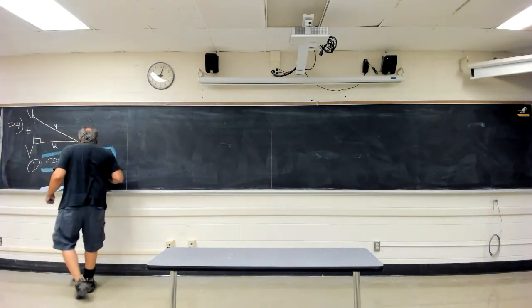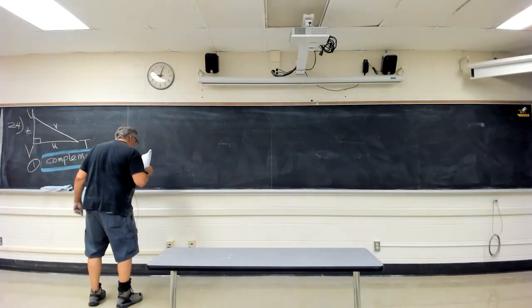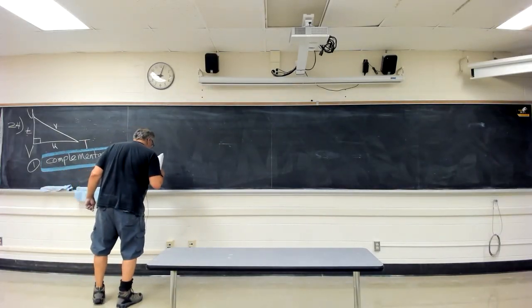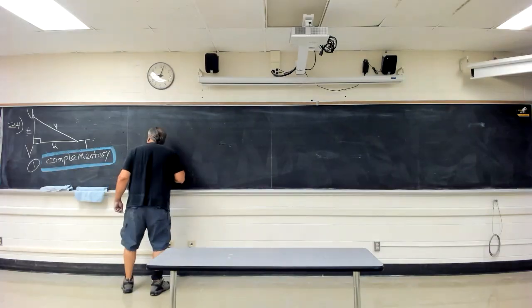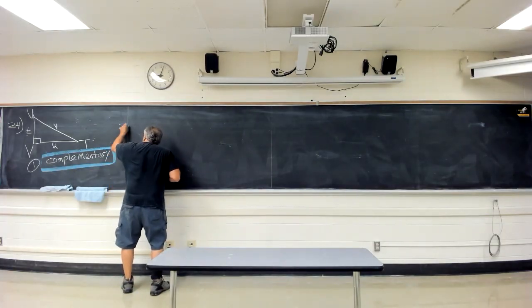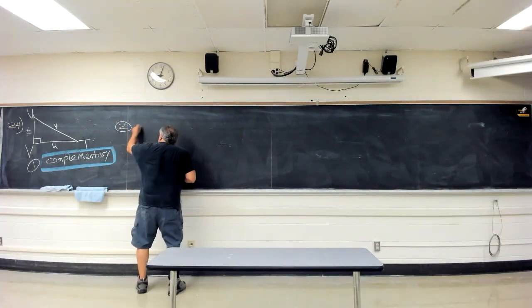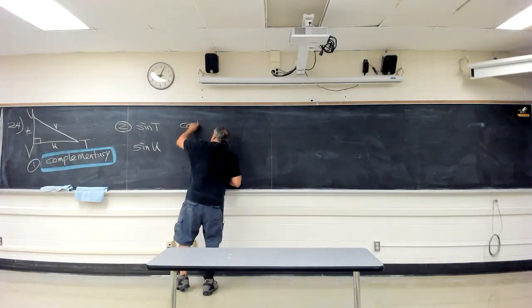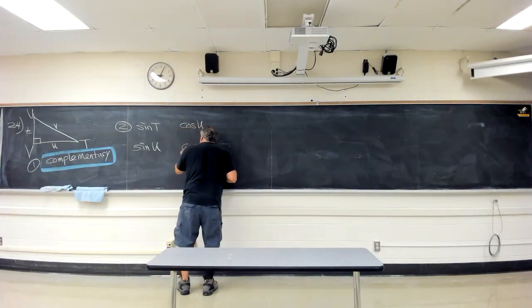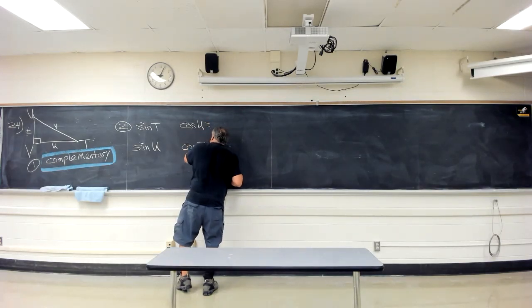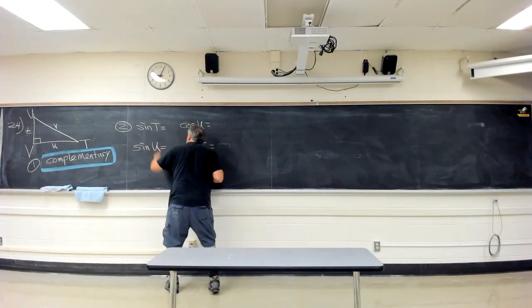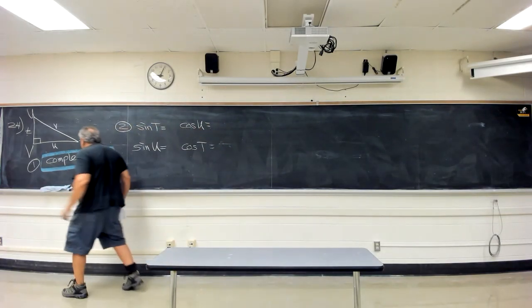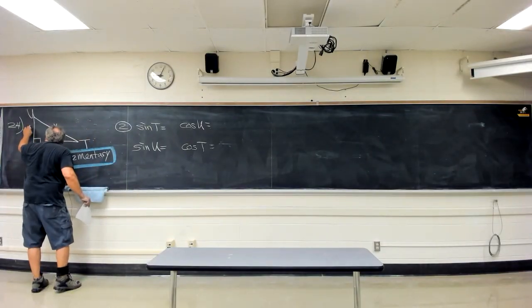Part two, use T, U, and V to fill in the blanks. Make sure to use the appropriate uppercase or lowercase letters. They want the sine of big T, the sine of big U, the cosine of big U, and the cosine of big T. The sine of big T is opposite over hypotenuse.